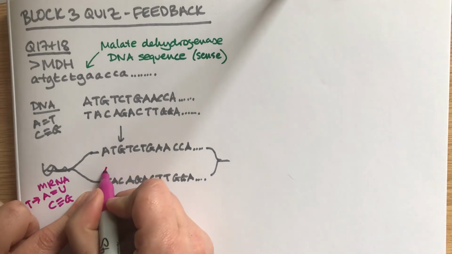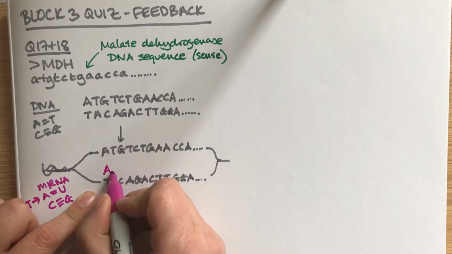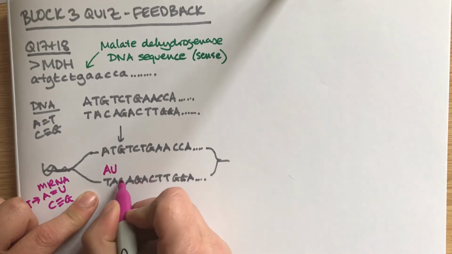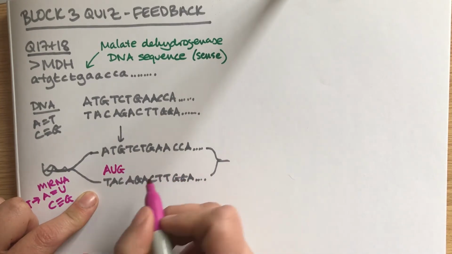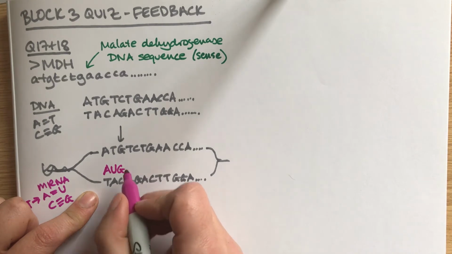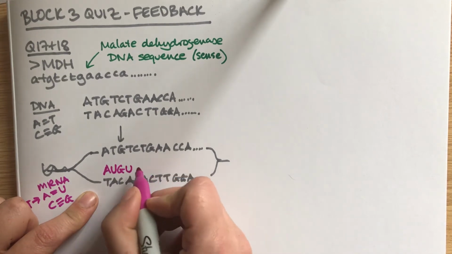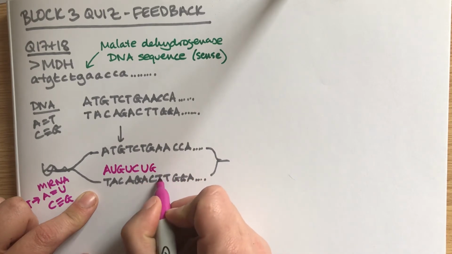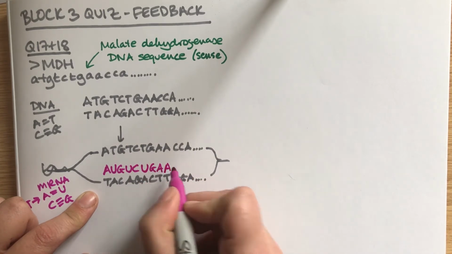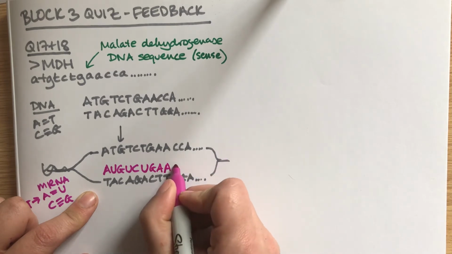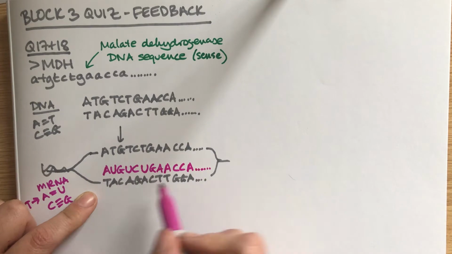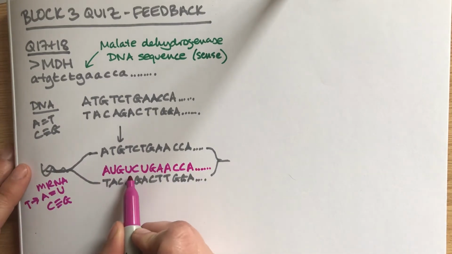A would usually pair with T, but we're making an mRNA molecule, so that's a U. C pairs with G, that's unchanged. A would usually pair with T, but it's an mRNA molecule, so it's a U. C, U, G. T usually pairs with A, and that's fine. We can still have A's in RNA. So we've got that sequence. Our mRNA sequence is AUG-UCU.